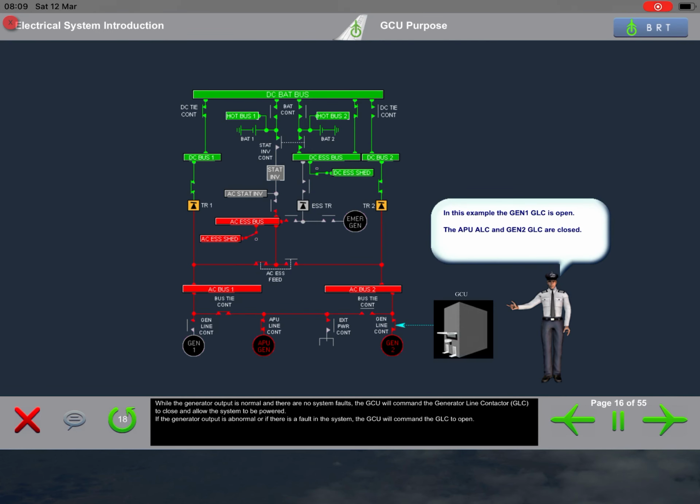While the generator output is normal and there are no system faults, the GCU will command the generator line contactor, GLC, to close and allow the system to be powered. If the generator output is abnormal or if there is a fault in the system, the GCU will command the GLC to open.